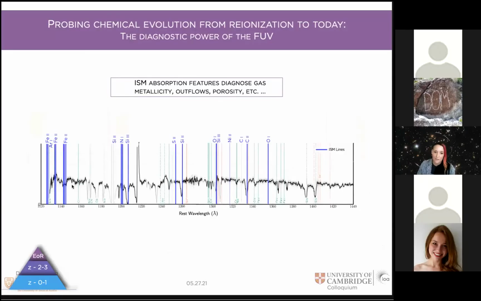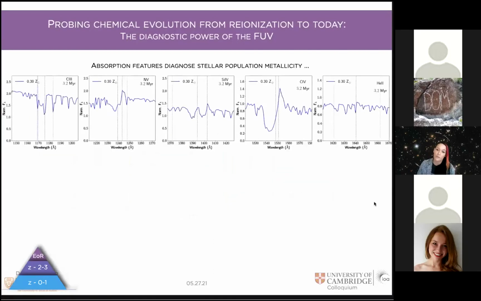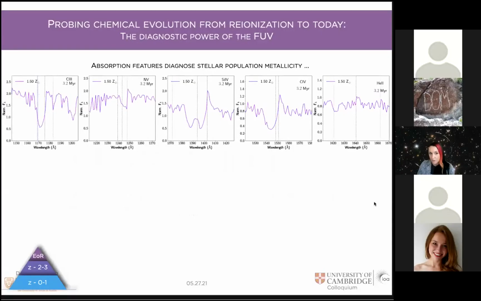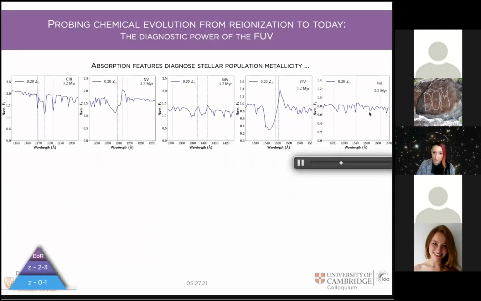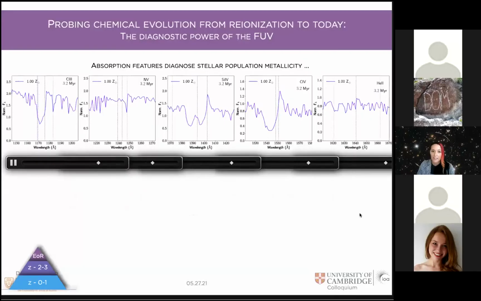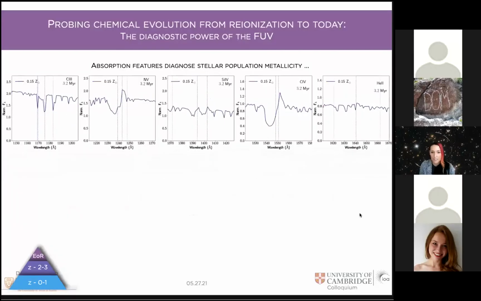Again, within this same range, the far UV, we also get lots of transitions that are sensitive to ISM absorption. So again, we can start to trace the gas metallicity there, the outflows, the porosity, the column densities along the line of sight. And again, within the same wavelength regime, there's also features that are sensitive to the ionizing stellar population. So here are a couple of different features that we sometimes look at. What we're doing here is we are keeping the age constant at about 3 million years, but we're changing the metallicity, and you can see how the shape of these features change, especially the P Cygni profiles, with metallicity.